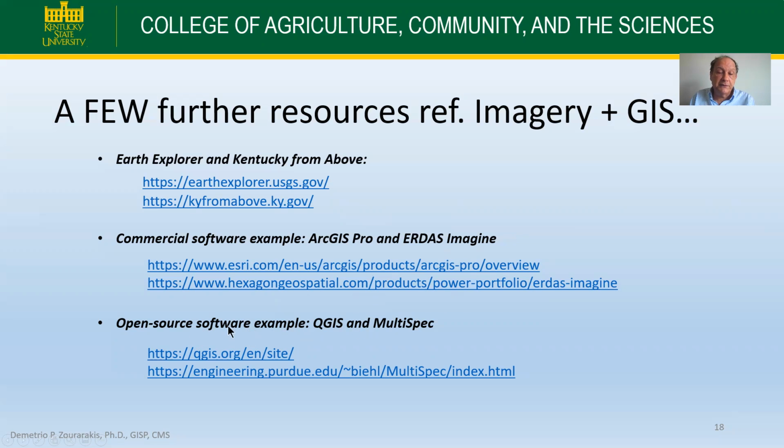Then we have open source software, for example, QGIS and MultiSpec are perfectly free, absolutely free, and you can manipulate imagery and extract information. So we have not touched upon image classifiers and deep learning, but there's a ton of tools that exist to extract different classes, different objects from images, not just pixels, okay? So, but there's not enough time in this presentation.